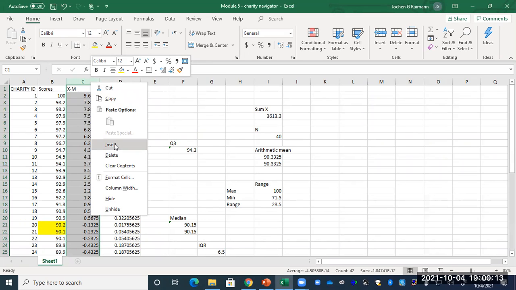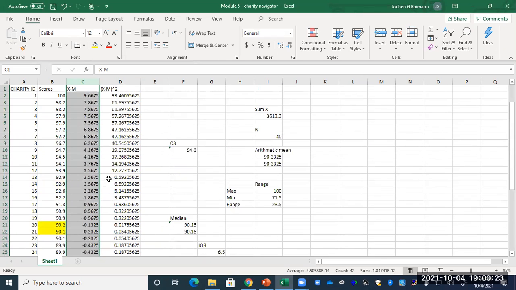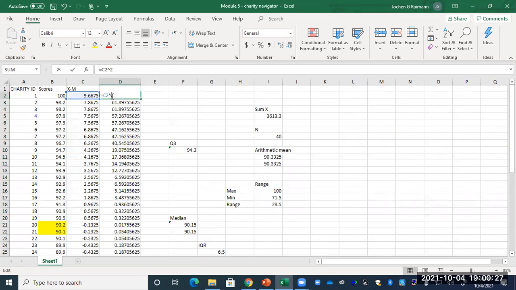Where did you put it under x minus m squared? What's the point of that? Which one? This one? This is the square. Yeah. So we're taking the deviation x minus m and we're squaring it up.